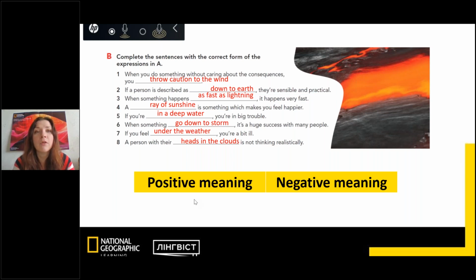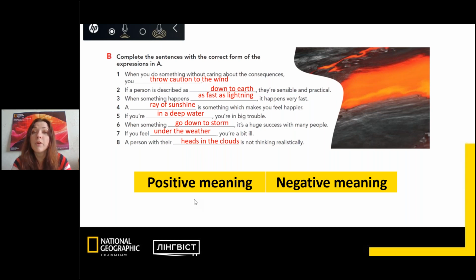For example, throw caution to the wind. Is it good to do that? Is it not good to do that? What do you think? Some of you write negative. That's right. If a person is down to earth, so is it positive?